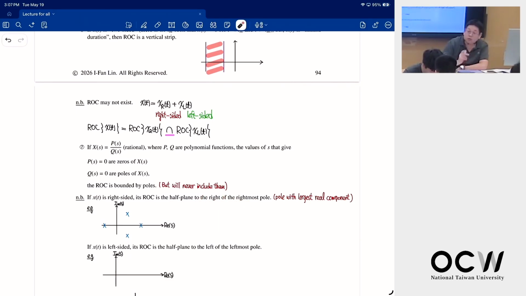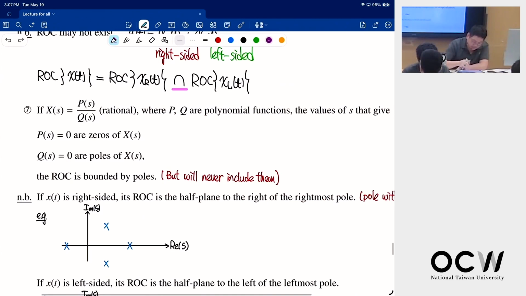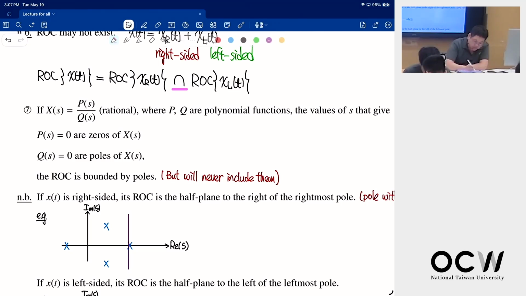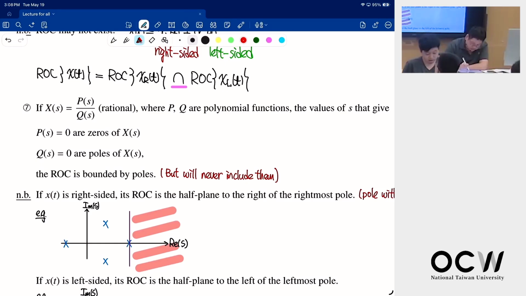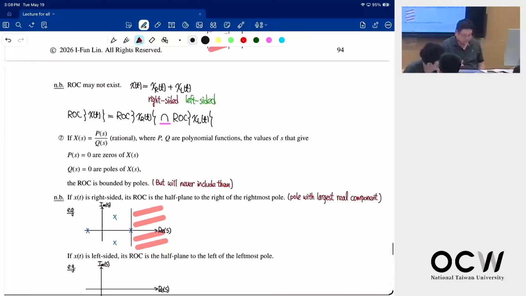Which one is the rightmost pole? This one. So here, to the right.